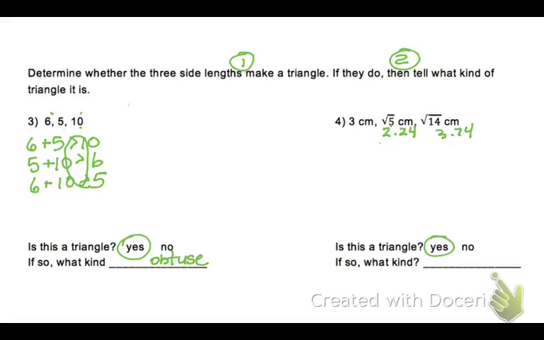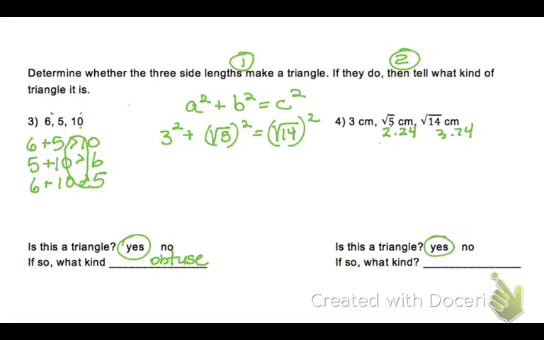Now, we've got to use good old Pythagoras. So a squared plus b squared equals c squared. Let's pick 3 as our a, so we'll say 3 squared plus square root of 5 squared equals square root of 14 squared.